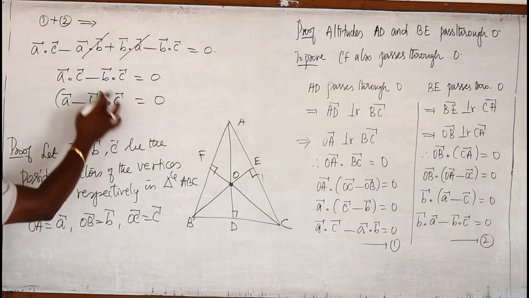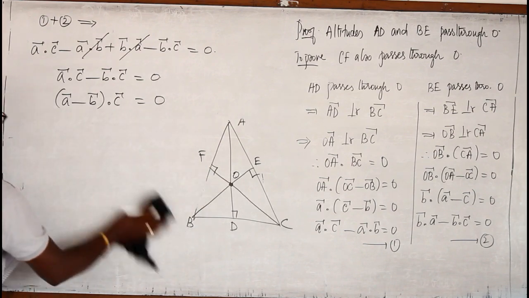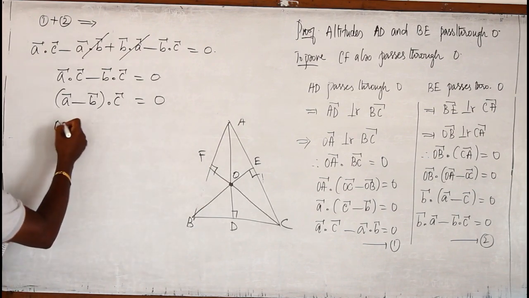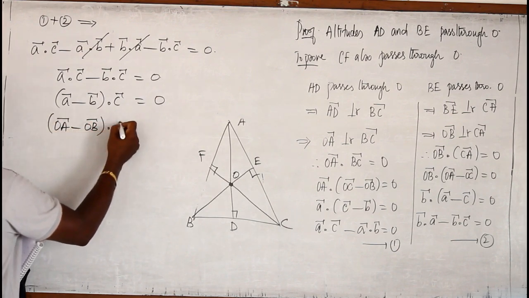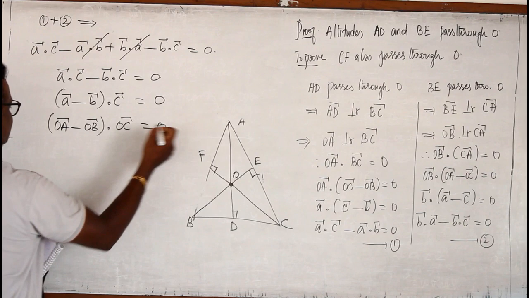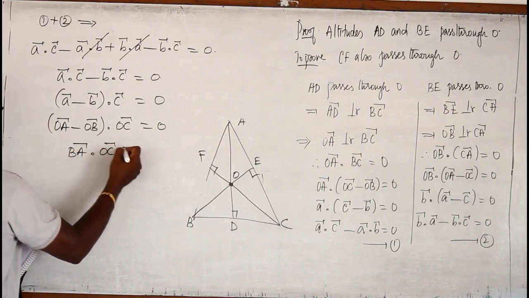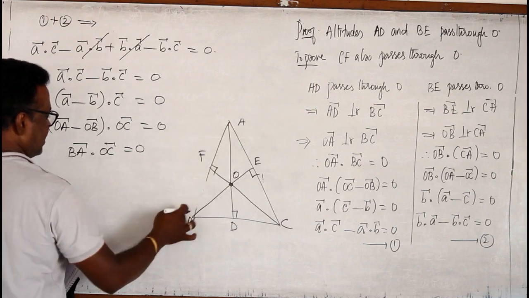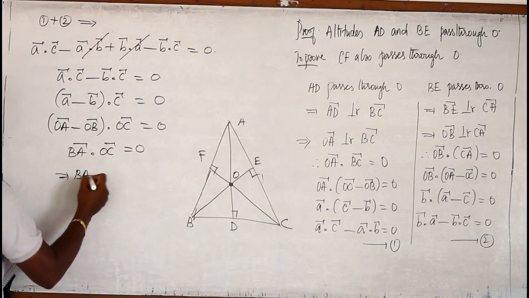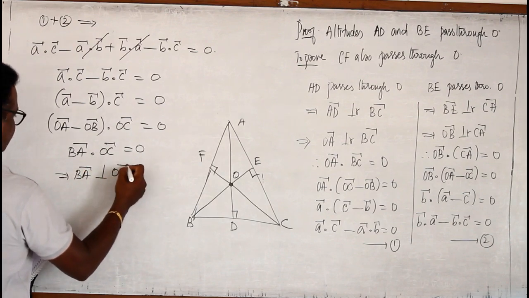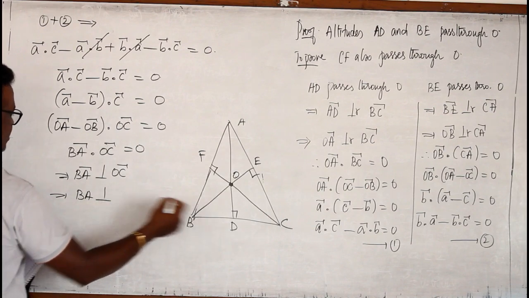Now we can see A minus B dot C. Am I getting the previous step? Now A minus B means, is it not OA minus OB, dot OC equal to 0? Is BA vector dot OC equal to 0? BA vector dot OC means BA is perpendicular to OC vector, that is, BA is perpendicular to OC.